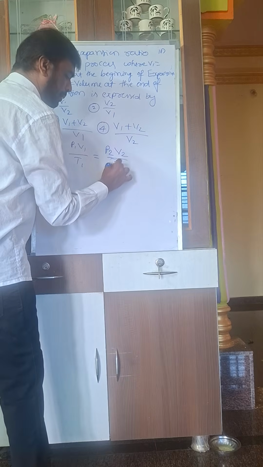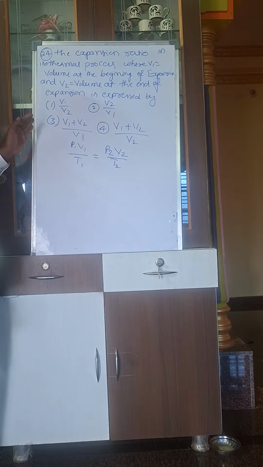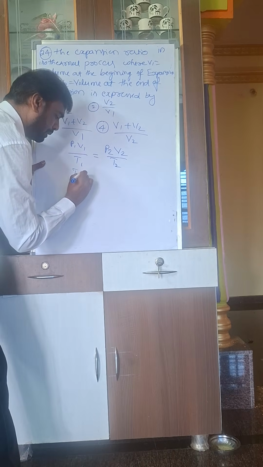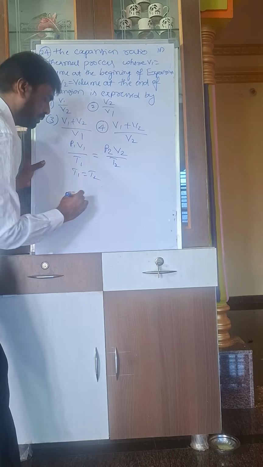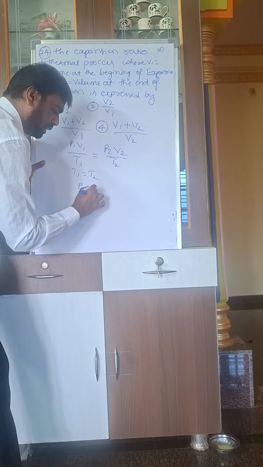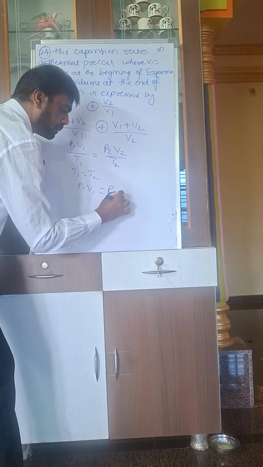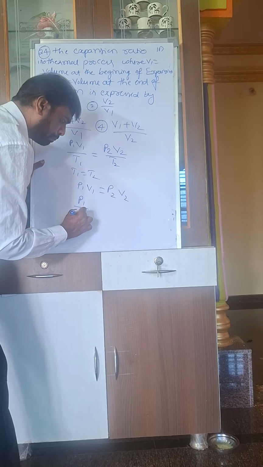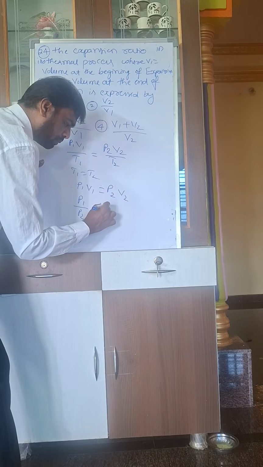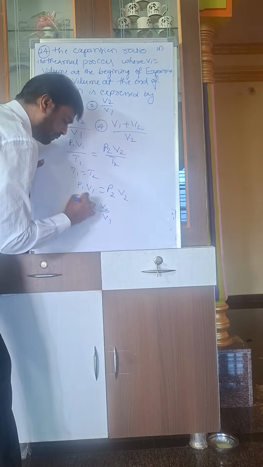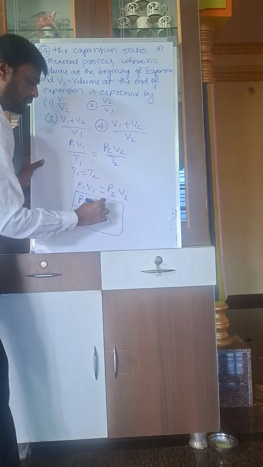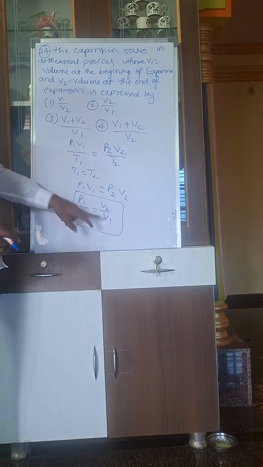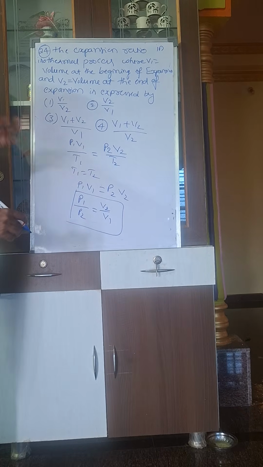In an isothermal process, temperature remains constant, T1 equals T2, so P1 V1 equals P2 V2. You can write it as P1 by P2 is equal to V2 by V1. The answer is V2 by V1. The second one is the correct answer.